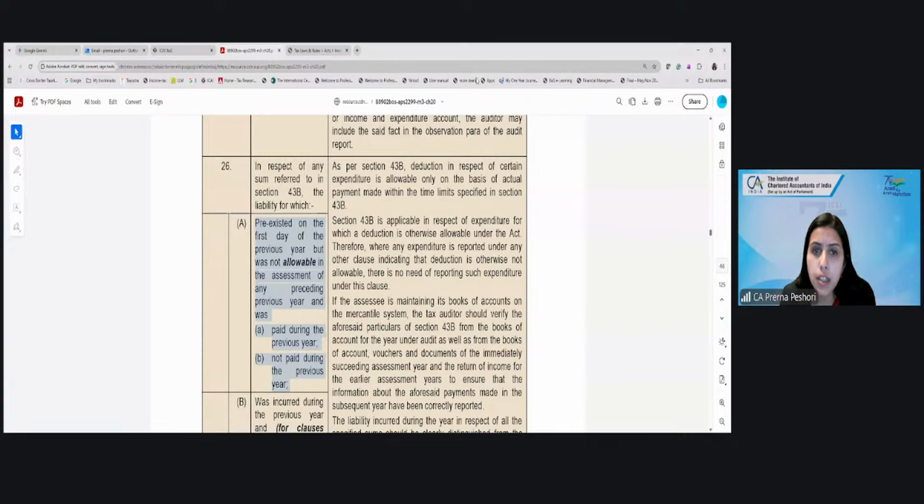What is 43B? Contribution to ESIC PF, but what is it exactly?